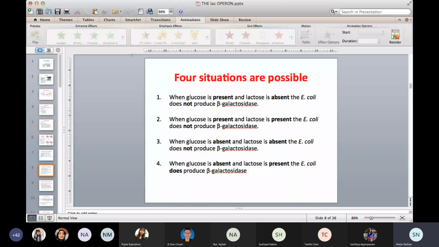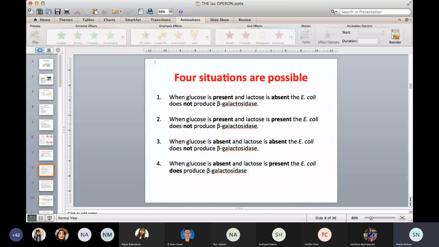But now that glucose is available, there's no need to switch on the Lac operon. When glucose is present and lactose is also present, the bacteria is in a rich environment. It's got 2 choices, glucose and lactose. So what does it do? It will always go for the glucose first. So there is no need to switch on the Lac operon, so the Lac operon is switched off.